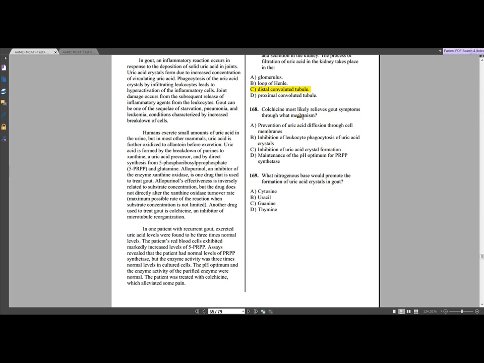Colchicine relieves gout symptoms through what? Okay, so that's probably in the passage. Where the hell is colchicine? Microtubule reorganization.